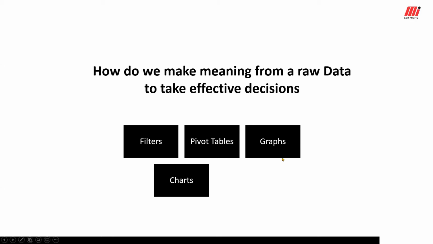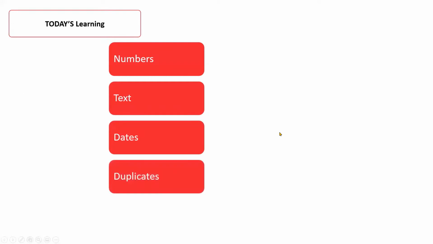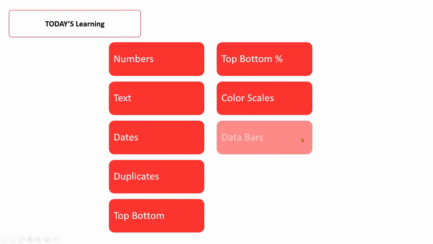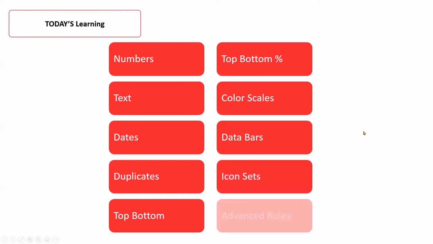But then there is an additional thing that we're going to cover today, which is going to help us do that, and that is conditional formatting. All right. So in the comms that we sent out, there were the top 10 things that we will cover today about conditional formatting: numbers, text, dates, duplicates, top bottom percentage, color scales, data bars, icon sets, and advanced rules.